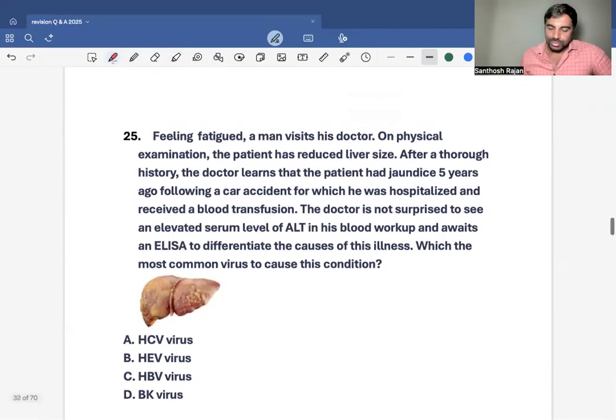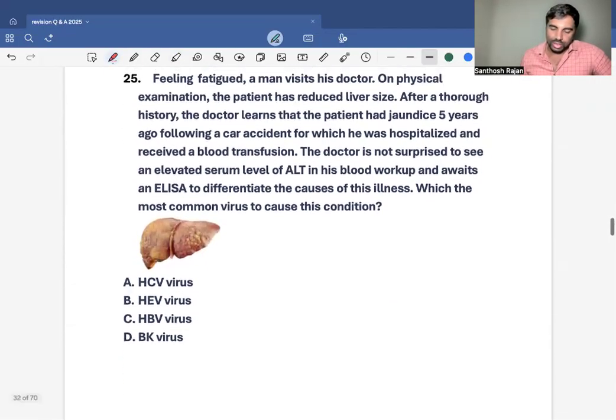Now, feeling fatigue. Look at this question. Feeling fatigue, a man visits the doctor. On physical examination, you can see that the patient has a reduced liver size. So it looks like cirrhosis. After thorough history, the doctor learns the patient had jaundice 5 years ago following a car accident.